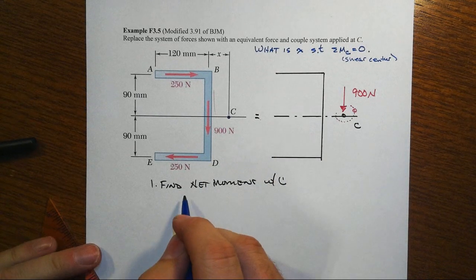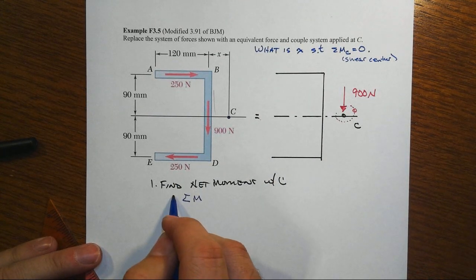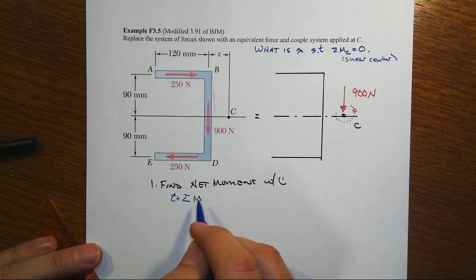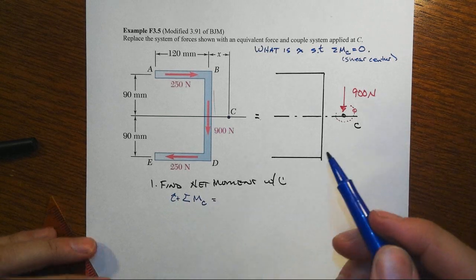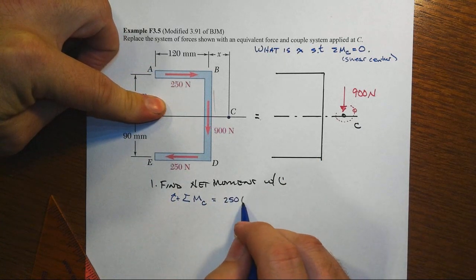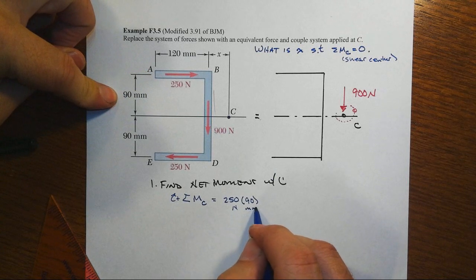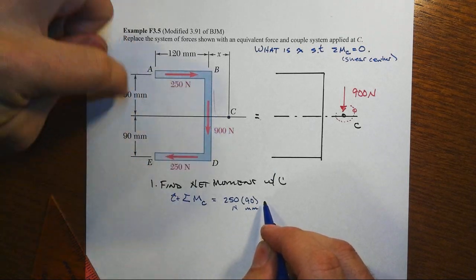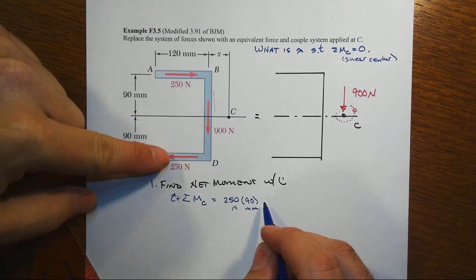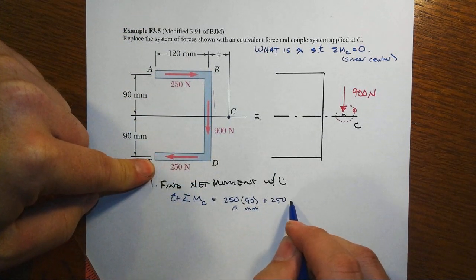with respect to C in our original system. We'll sum moments, and let's take clockwise positive, and we have 250 newtons times 90 millimeters, and that's going in a clockwise way, so we're done with that one. Then we have the 250 force going the other way, but the moment is the same direction.